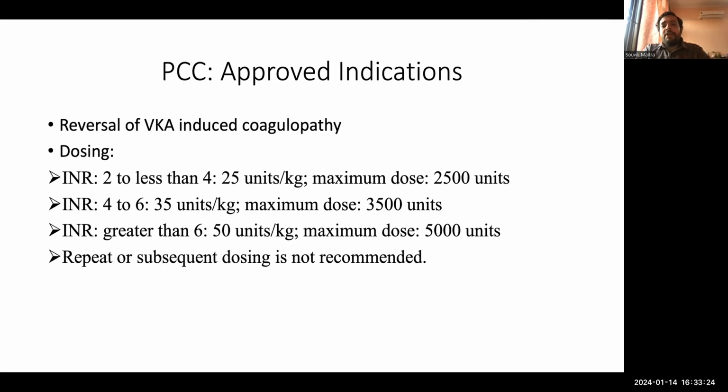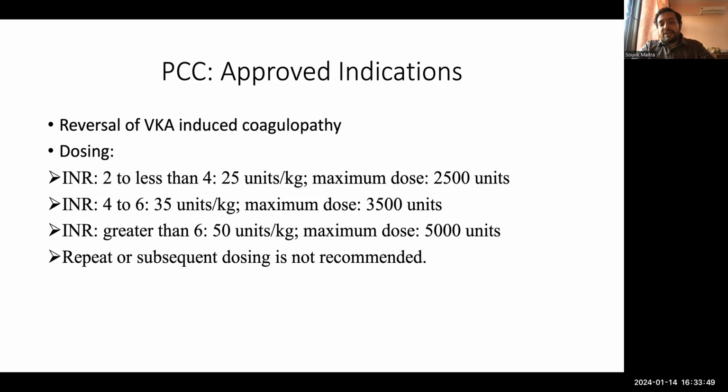So what are the approved indications for PCC? The only USFDA approved indication for PCC is vitamin K antagonist induced coagulopathy, that is warfarin induced coagulopathy. If there is a need for reversal of this coagulopathy, PCC can be used. The dose is dependent upon the INR. When the INR is 2 to 4, 25 units per kg.